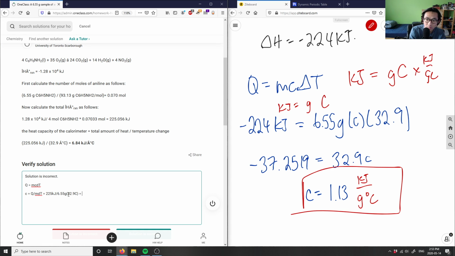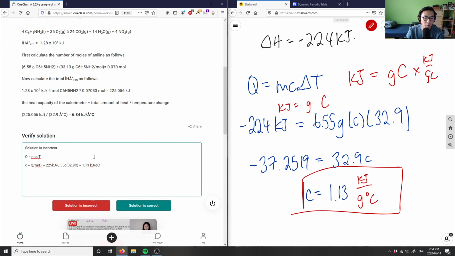And this would equal 1.13 kJ over grams C. And this here is our solution for this problem here.